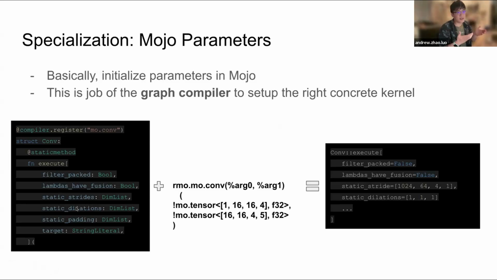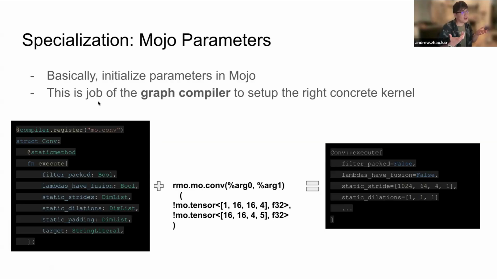You only have the information of what the static strides are for any particular tensor in the graph compiler, because you only know the strides once you have an actual computational graph with tensors that call into a conv. So this is why this sort of layer makes sense in the graph compiler. You can't specialize without knowing your workload, essentially. And you only know your workload once you have the graph.